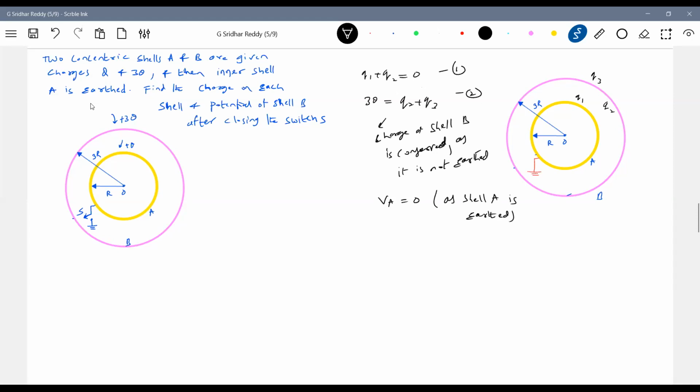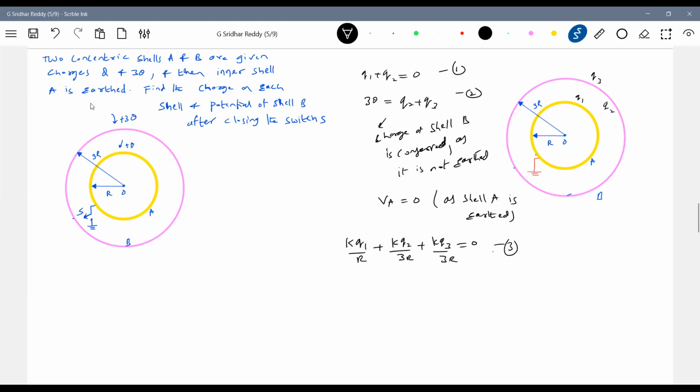Now we write the potential of shell A. This should be equal to K Q1 by R, plus K Q2 by 3R, plus K Q3 by 3R, all set equal to 0. Q2 plus Q3 is equal to 3Q from equation 2, so this is equation 3. Solving 1, 2, 3, we get the charge on all surfaces.